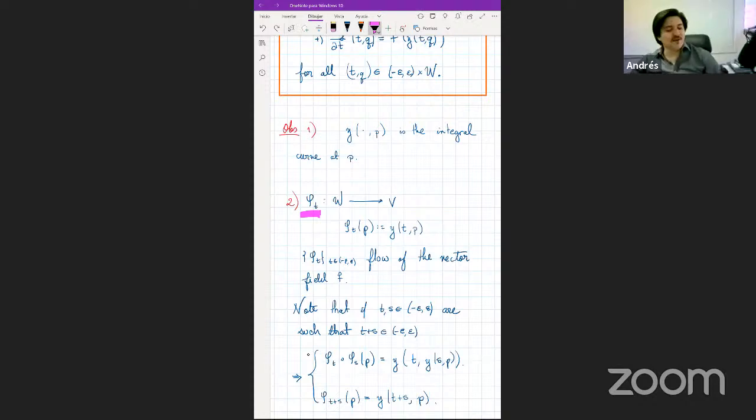So I want to compare these two. If we put aside all of those technical details, T and S in epsilon, T plus S in the interval of epsilon, the whole idea, and I want you to pay attention, is these two things that we can do, this and this.